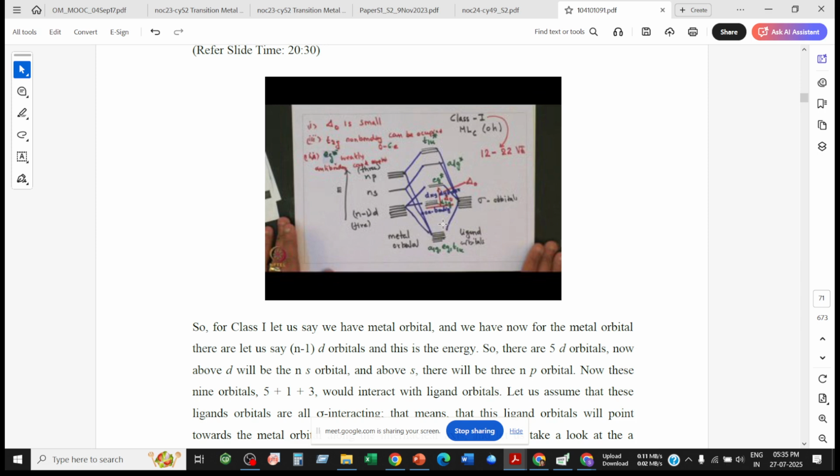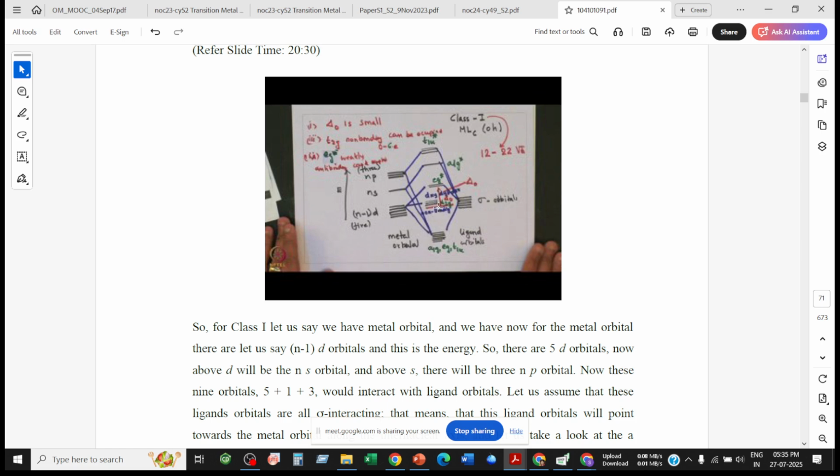Okay? If some more electrons have to be accommodated apart from bonding, like if the bonding orbitals are full and some more electrons are present, like 4 electrons, they can be accommodated in the Eg star, but they can't go beyond T1g and T1u. So this level will be filled up to 18.